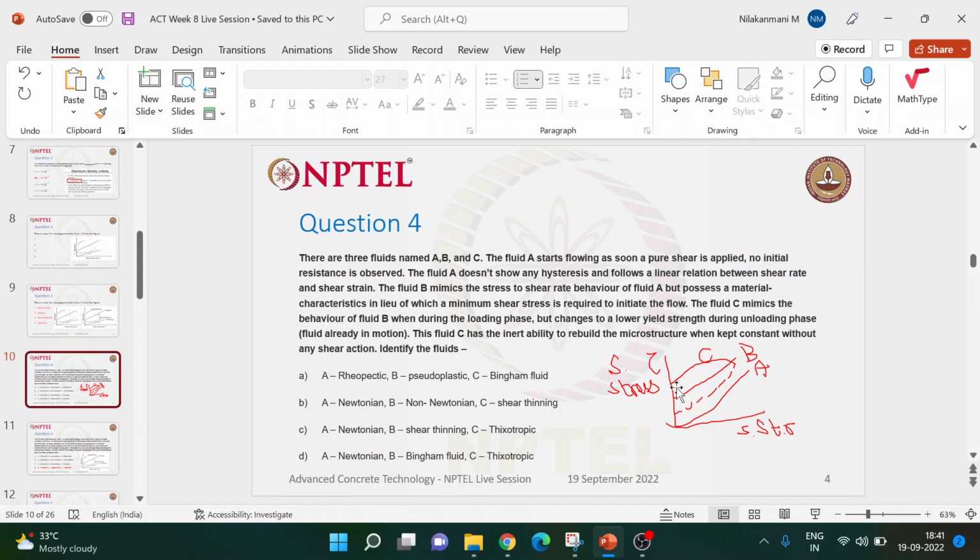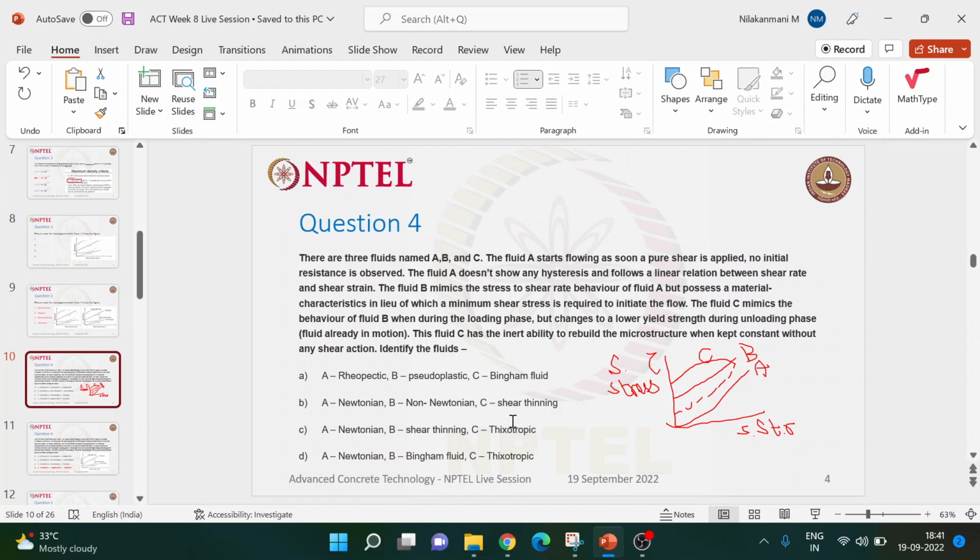Ma'am, what you're saying is, if you take a material like concrete, obviously we can expect that. But we can't say all shear thinning fluids should follow this. There can even be lab-produced materials which will be shear thinning and follow the same pattern, where loading and unloading are both the same, right? It can be. That's what the doubt is, ma'am.